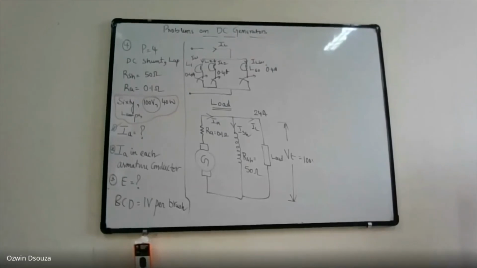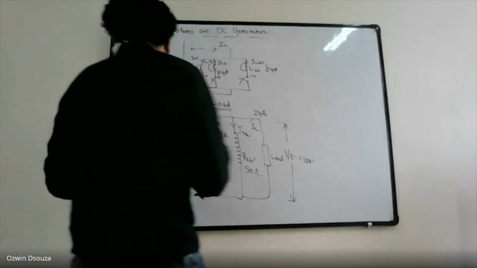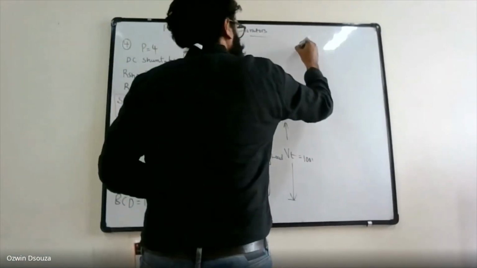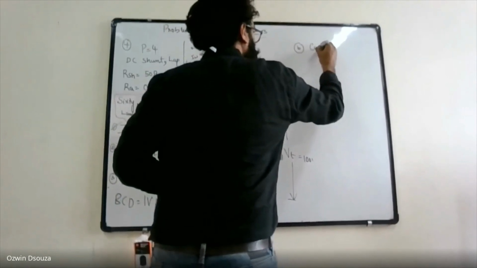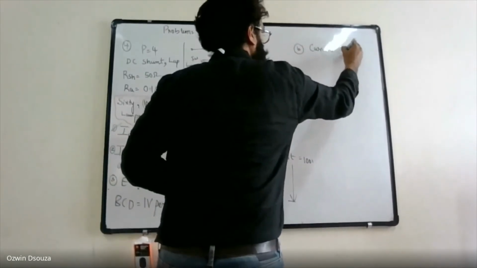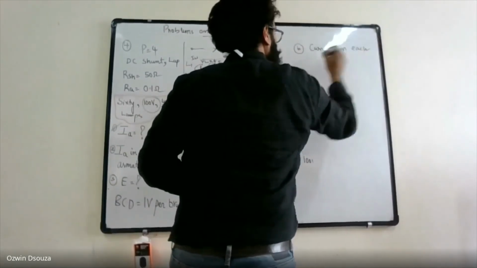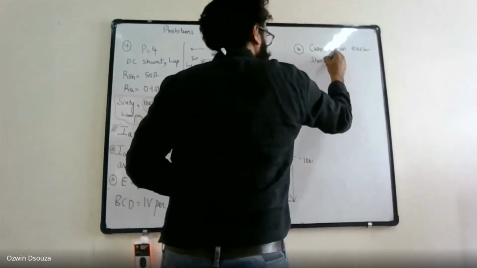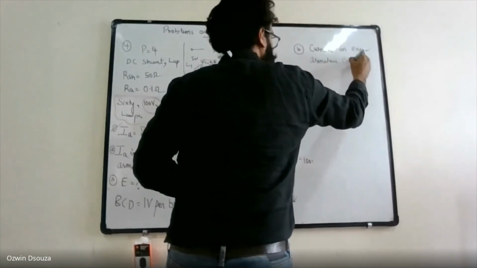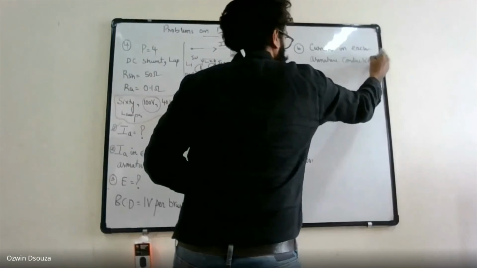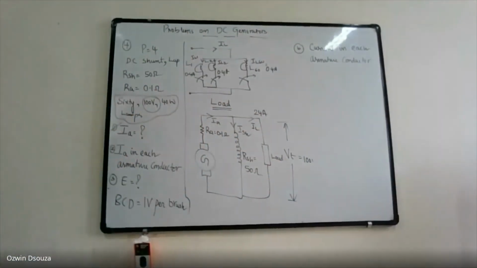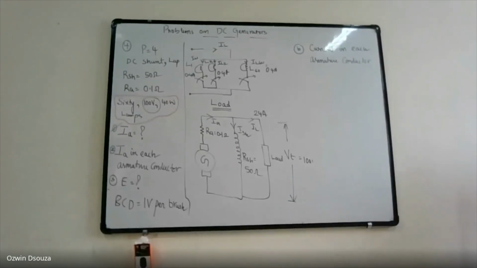Second part, what are we supposed to do? Current in each armature conductor. Let me write. Current in each armature conductor. Now, for this, you need to understand the type of winding being used.